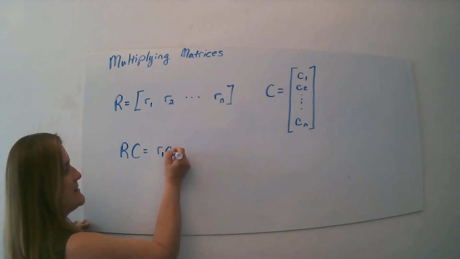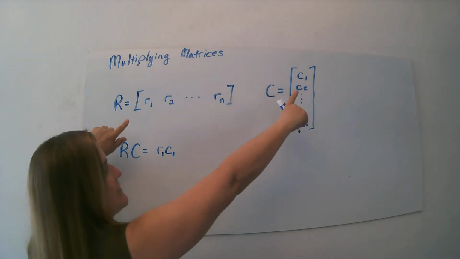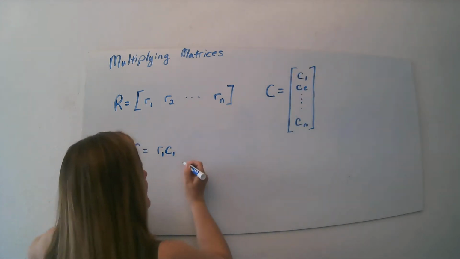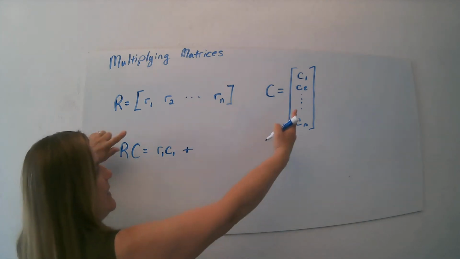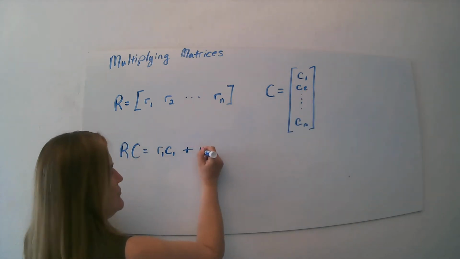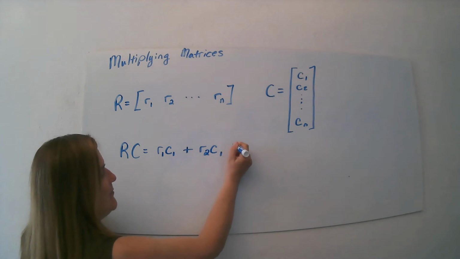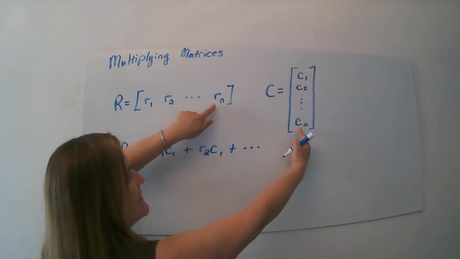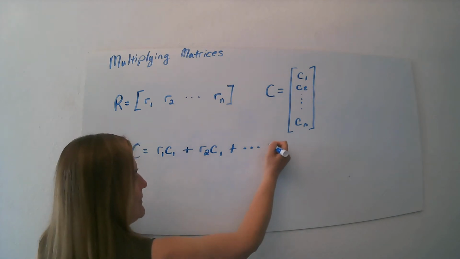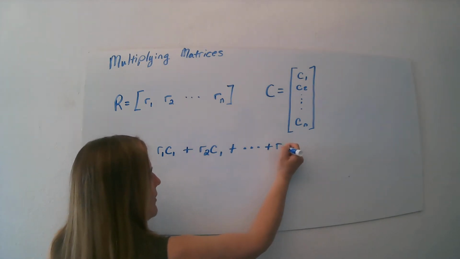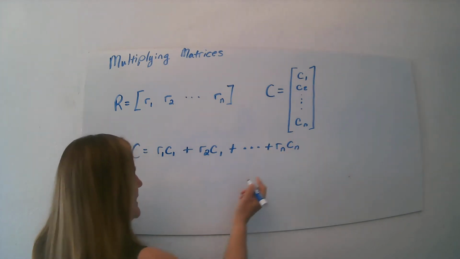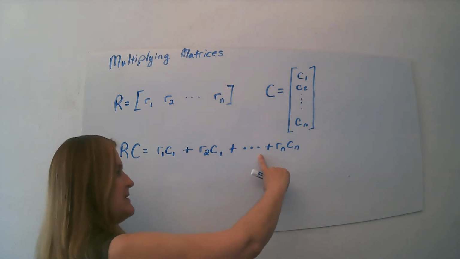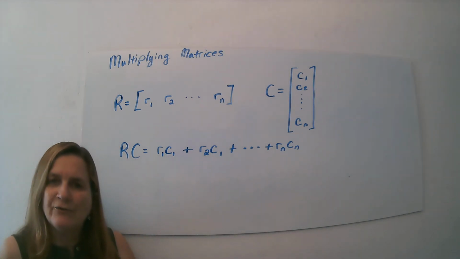R1 C1, in other words, the product of those two entries, plus the product of the next two entries, plus, keep going until you get to the end of the row and column, and you're multiplying R sub n by C sub n. And you would do the arithmetic and come up with a single number.